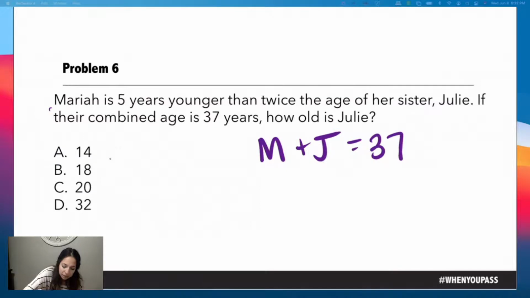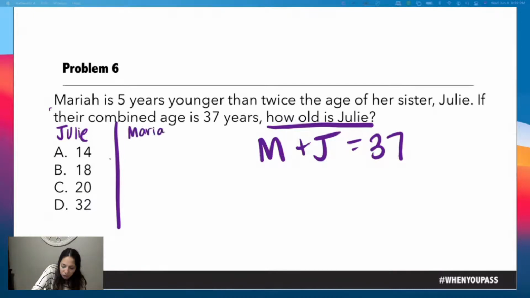So if I'm going to say these are Julie's ages, because it asked us how old is Julie, which means our answer choices are Julie, then I can figure out how old Mariah is by just doing some basic subtraction. 37 minus 14 equals 23. So Mariah is 23. I'm going to do this all the way down.